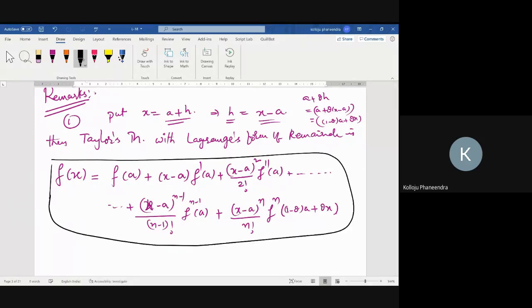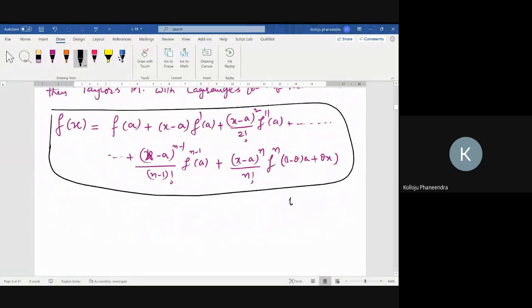Why are we substituting a plus h equal to x? To get the f of x expansion. Previously f of a plus h was there. Now if I put a plus h equal to x, I can expand the f of x function in Taylor series, for sin x, cos x. So how to remember?